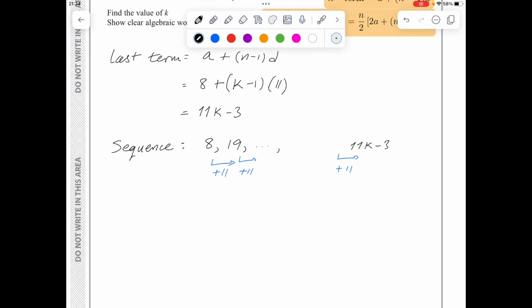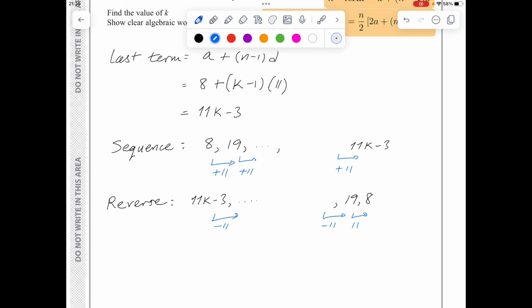Now, if I write this sequence in the reverse order, I will start with 11K minus 3, and I will end up with 19 and 8. And note that this time I am subtracting 11 from one term to the other.